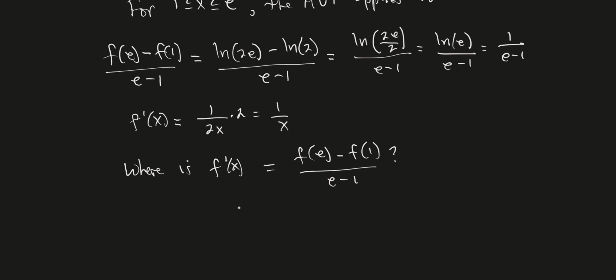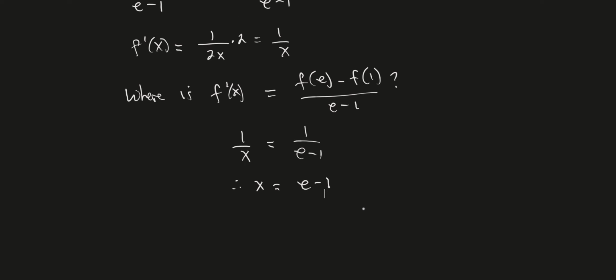So take your derivative and set it equal to our average rate of change. But again, this is easy to see that therefore x has to be e minus 1, right? So if you want to go ahead and use the letter C, you can. So therefore C, the special point, is e minus 1.